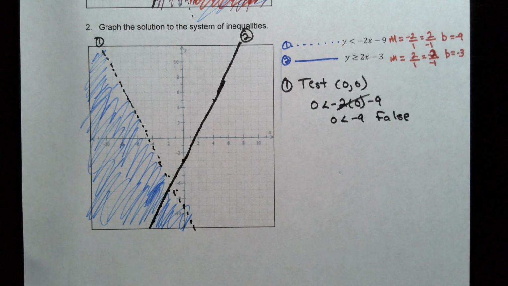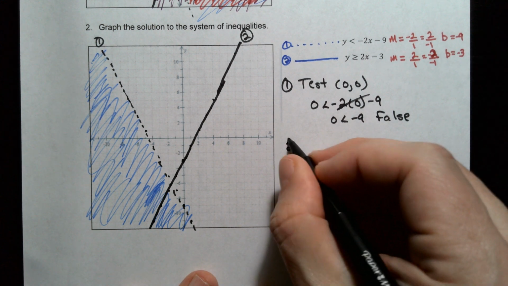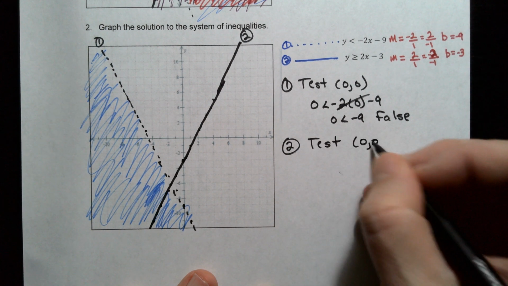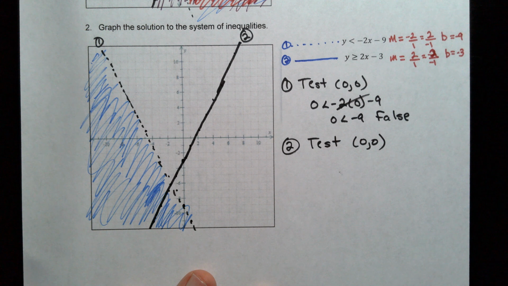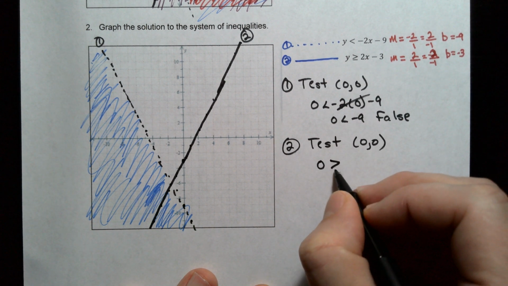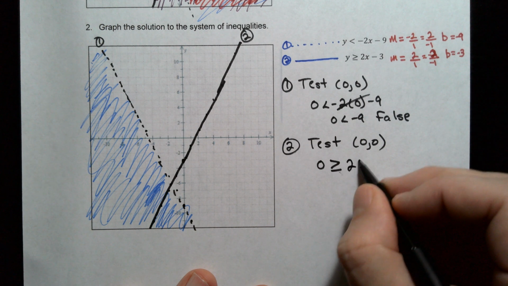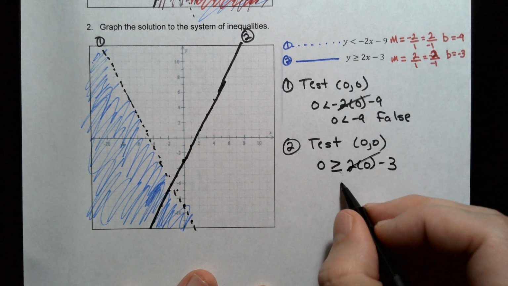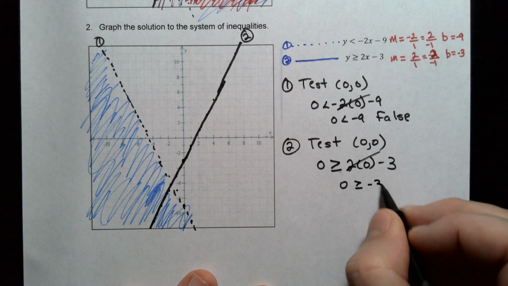Okay, let's look at the second one. We're going to test 0, 0 again. For the second line, I'll get 0 instead of y is greater than or equal to 2 times 0 minus 3. This goes away. So 0 is greater than or equal to negative 3.